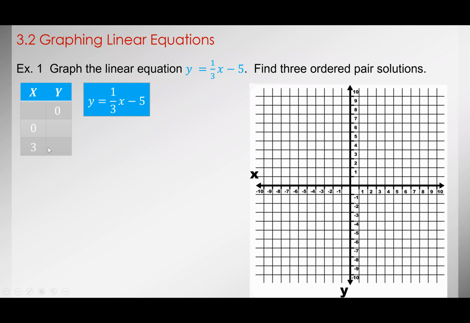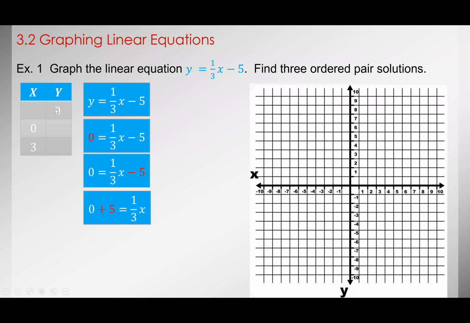So looking at this item, as you can see, I plug in 0 for my Y. That will disappear. My problem will be 0 equal to 1/3 X minus 5. How do I get rid of the 5? Well, I need to add 5. And when I add them, my new problem is 5 equal to 1/3 X. How do I get rid of the 3?